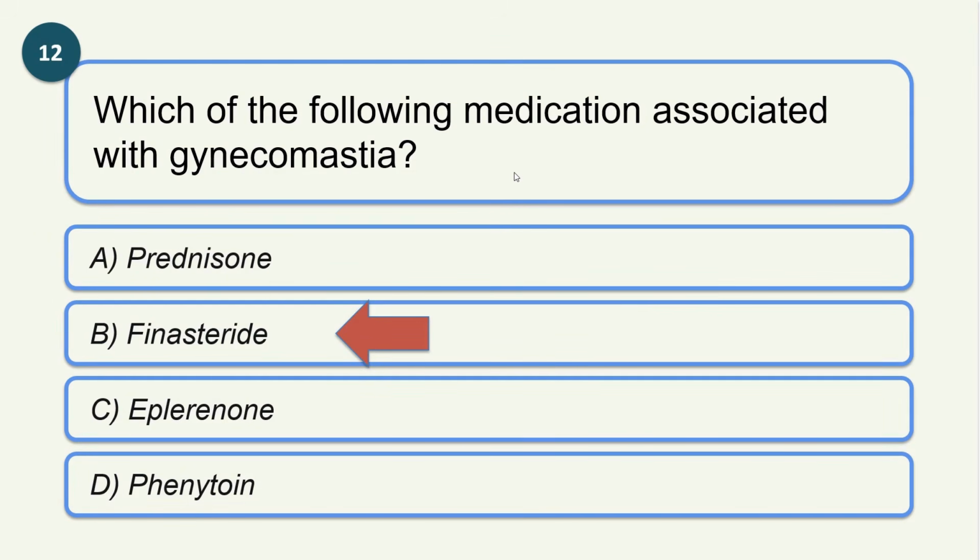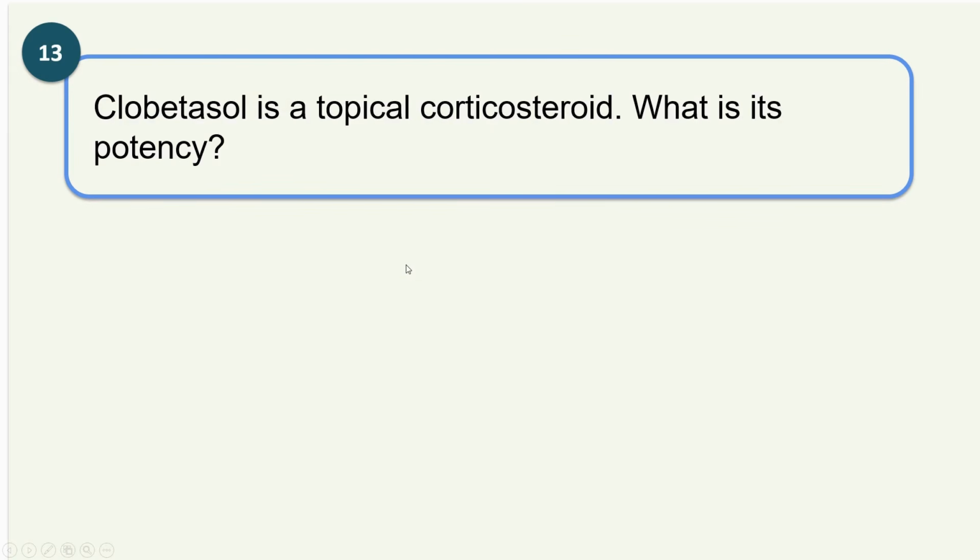Finasteride is an androgen antagonist drug, or testosterone antagonist drug, which causes the enlargement of breasts, a side effect called gynecomastia. I know there are other drugs very famous for this, such as spironolactone, another drug known to cause gynecomastia as well. But in the given answers, finasteride is the best answer because there is no option of spironolactone.